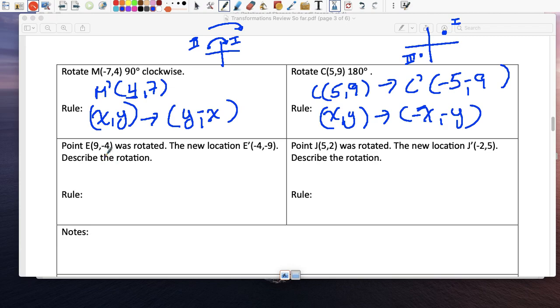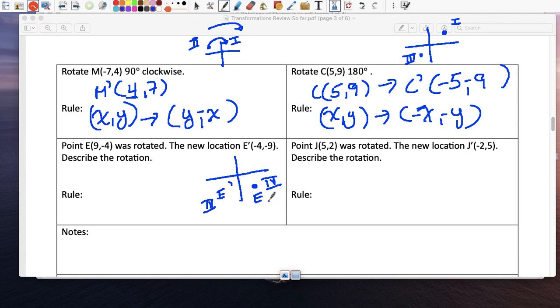Now (9, -4). Where's (9, -4)? It's here in quadrant 4. They're saying this is point A, and it traveled this way to (-4, -9). It went to quadrant 3. So this is where A prime is.